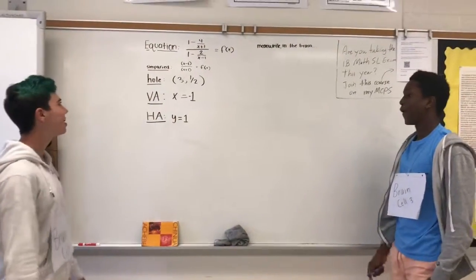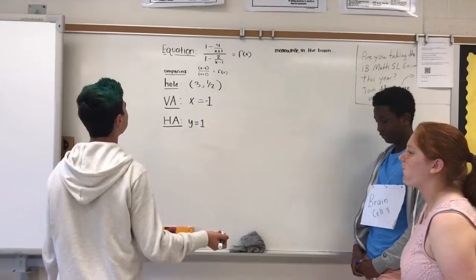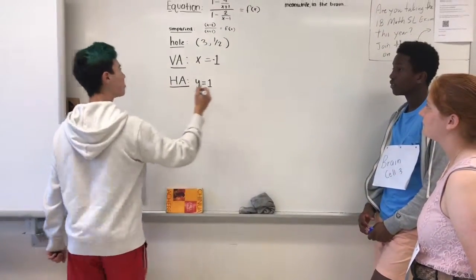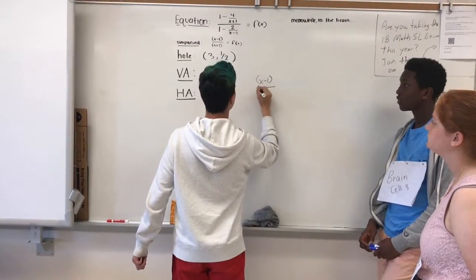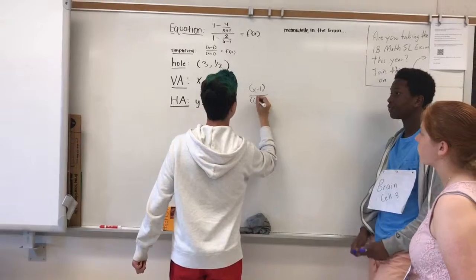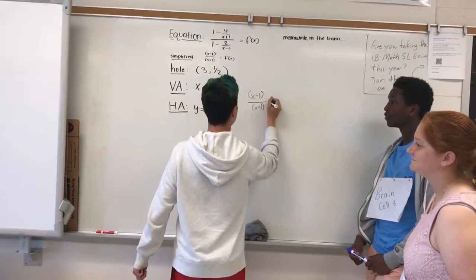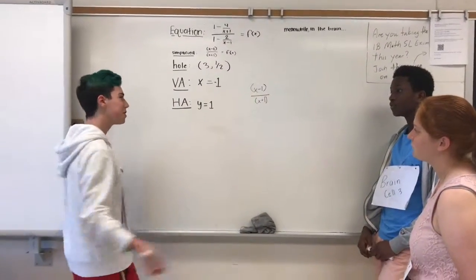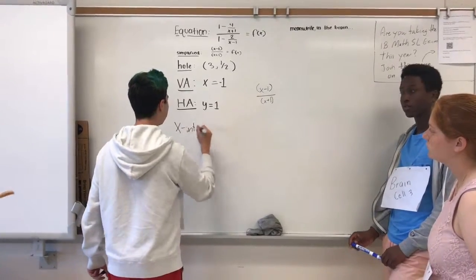Anyway, we need to find the x-intercepts. Let's write the expression once again: x minus 1 over x plus 1. To find the x-intercepts, we need an equation.